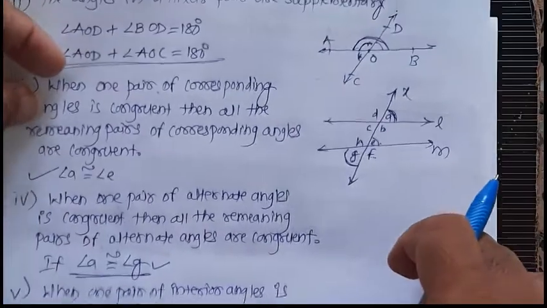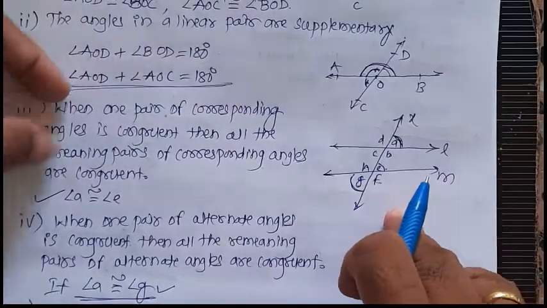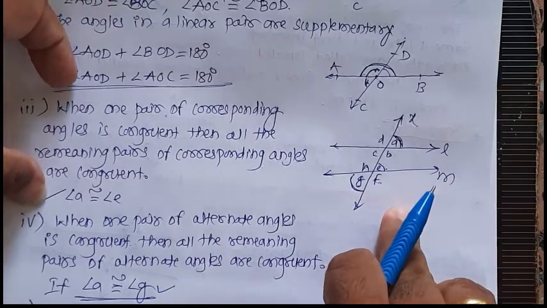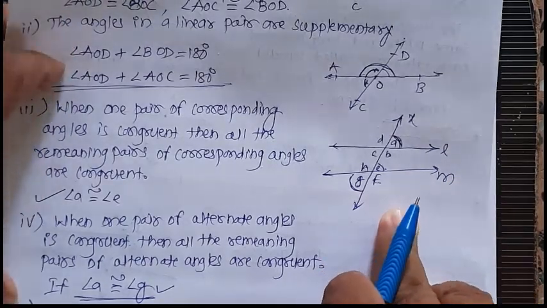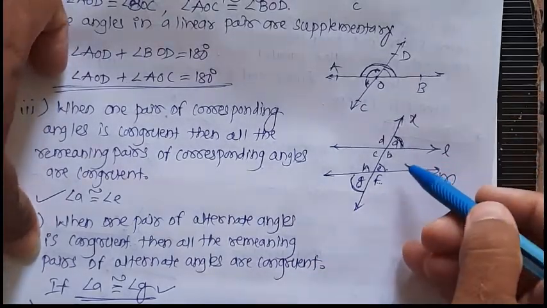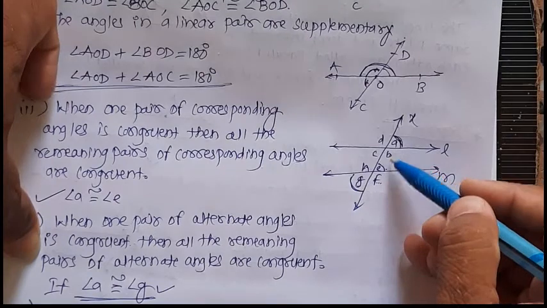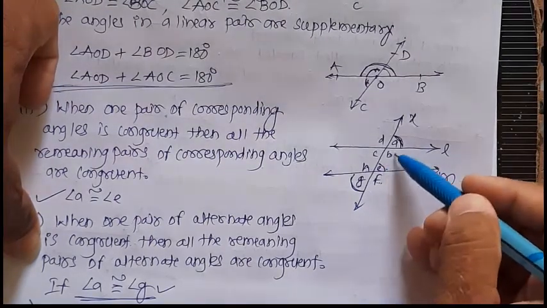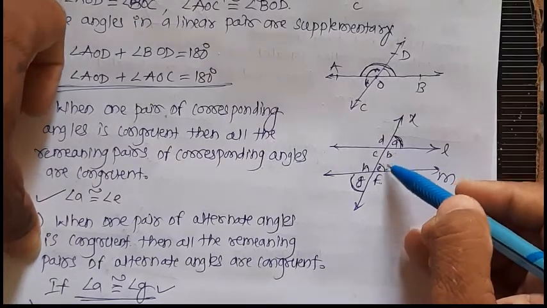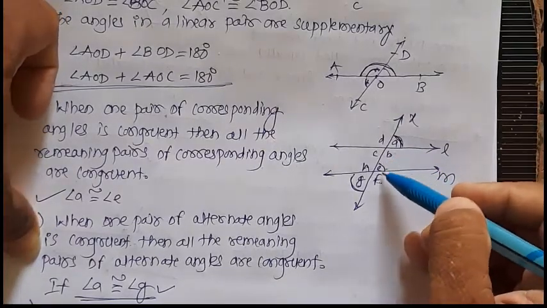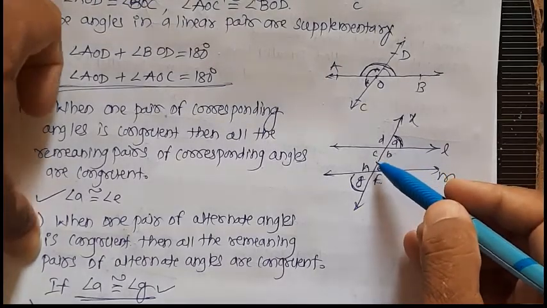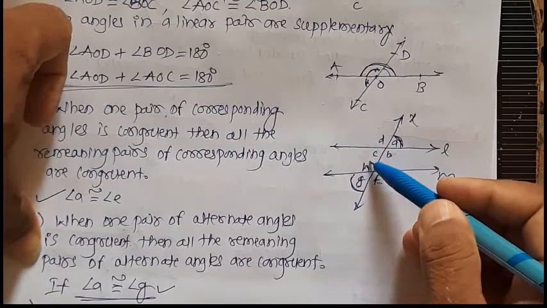Using the figure again, there are two pairs of interior angles. They are on the same side of the transversal and the angles lie between the two lines. If we take angle B and angle E and are given that they are supplementary, angle B plus angle E is equal to 180 degrees, then the remaining pair is also supplementary.